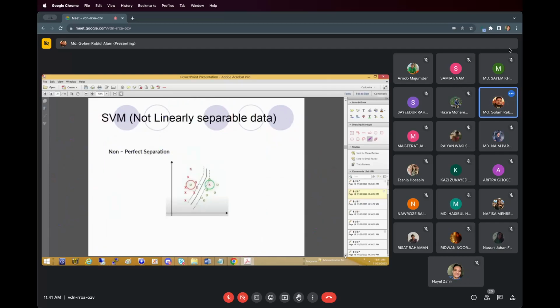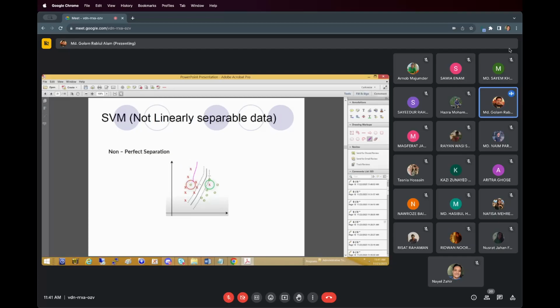Sometimes we can see that, if we consider hard constraints and this is the data set, with crosses and circles that we want to separate, then all the crosses are maybe on this side and the circles are on this side, but only one cross is here and one circle is there.